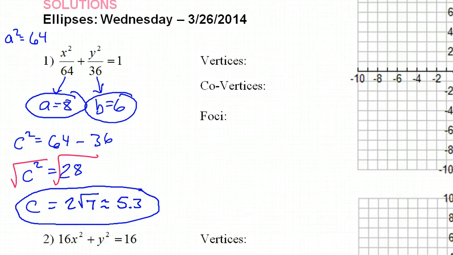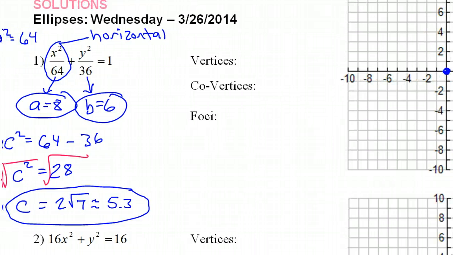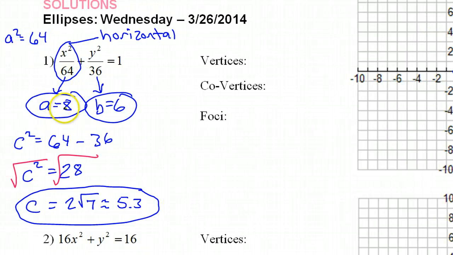Okay, so let's graph this. Now, notice the bigger number is with the x. So that tells me right away that this is horizontal. This ellipse is going to be stretched out in the x direction. So this 8, I'm going to go in the x direction.